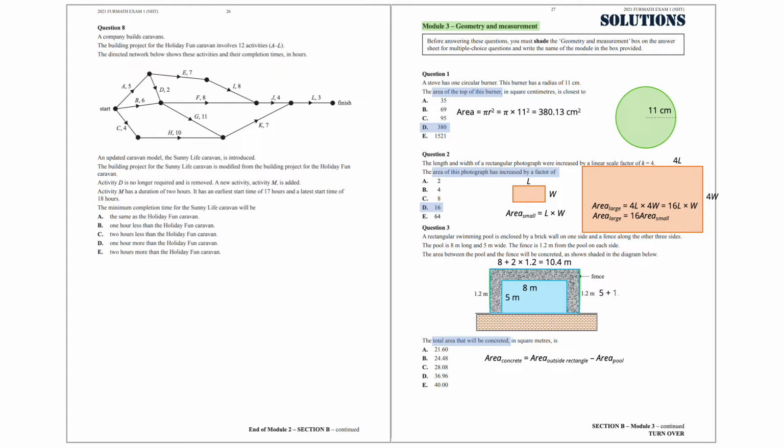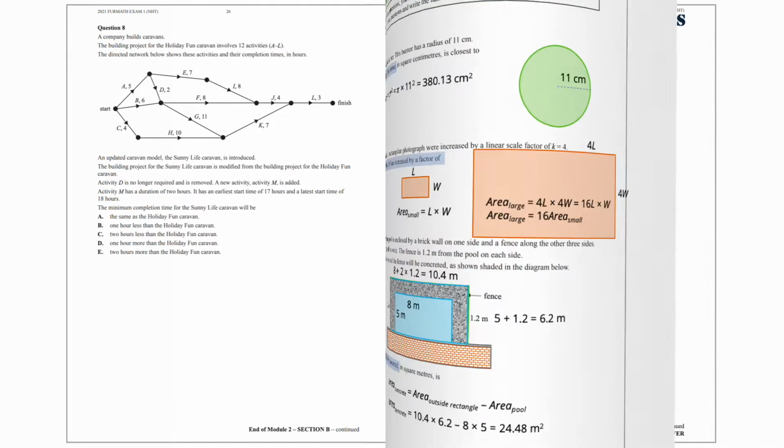The width of this rectangle is 5 plus 1.2, which is 6.2 meters. Therefore, the area to be concreted is equal to 10.4 times 6.2 minus 8 times 5 equals 24.48 square meters. So the answer we are after is option B.